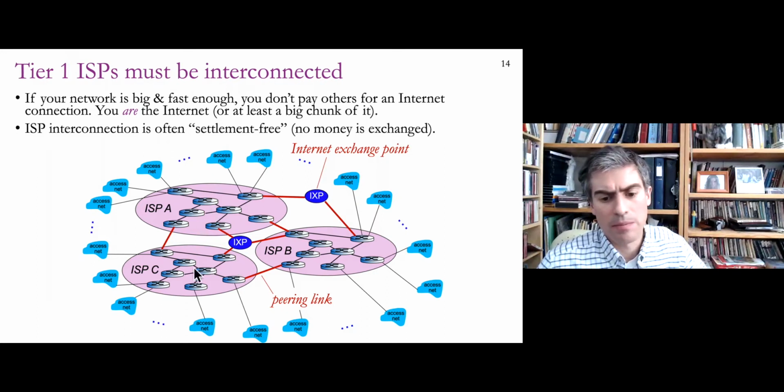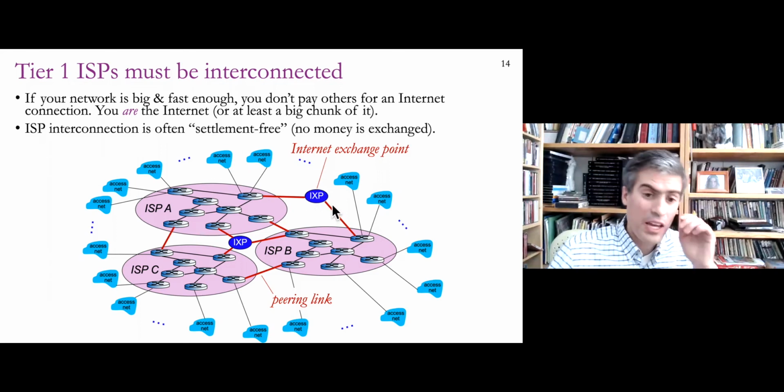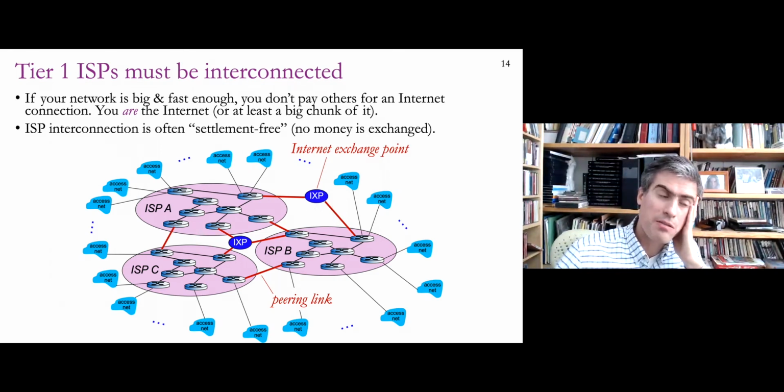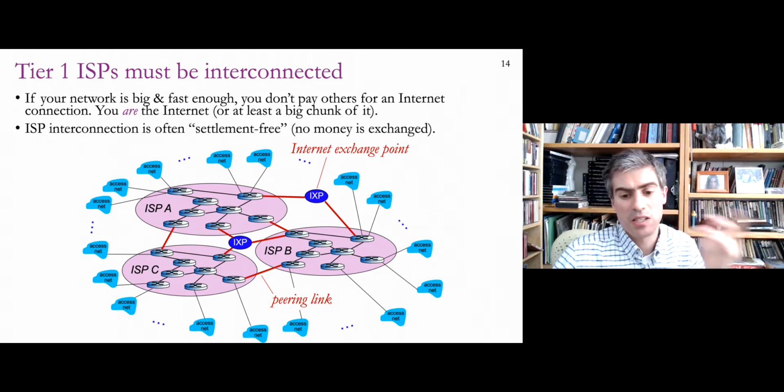Because there are a lot of ISPs that want to interconnect with each other, there are buildings or facilities called Internet Exchange Points, IXPs, that are locations where many different ISPs have equipment and where it's convenient for them to interconnect to each other. So, for example, in Chicago, there's an IXP on Cermak Road, I think, and there may be more than one of these, actually, because Chicago is such an important geographic location.